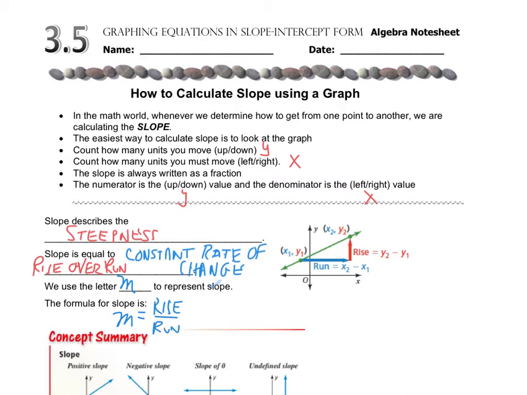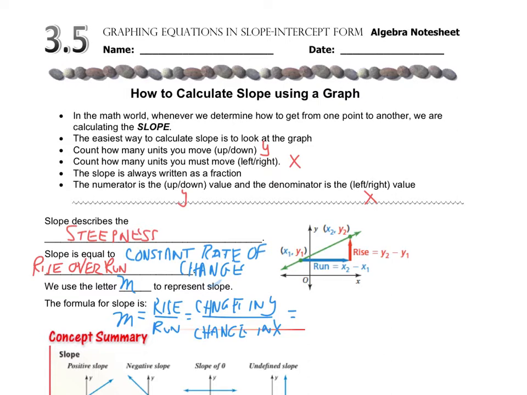So that's saying the same thing as m. We also will refer to it as your change in y over your change in x. And we'll refer to that in 1 second.